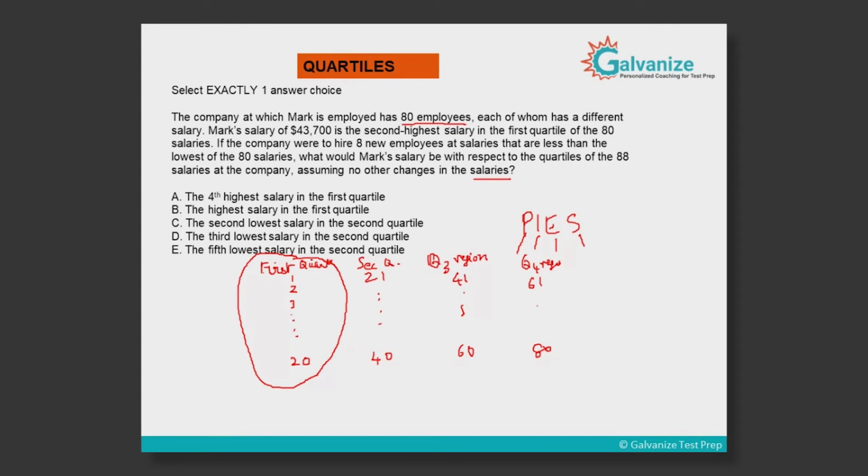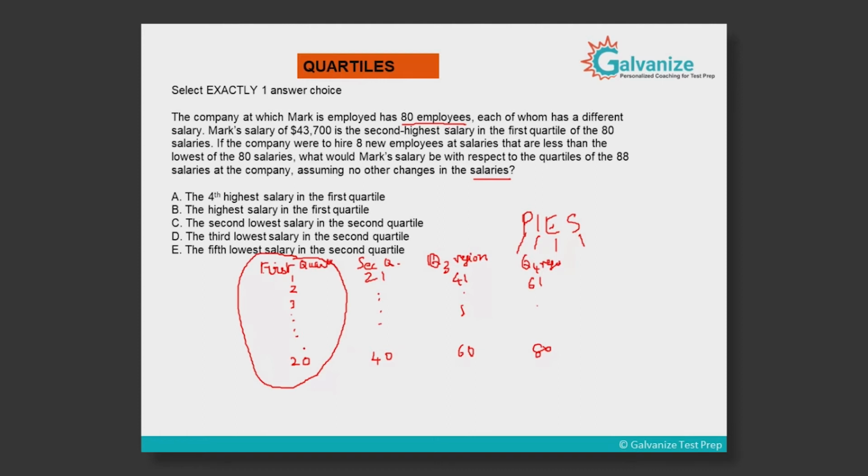Second highest. As you can see, the data is sorted. So we are going from the lowest to the highest salary. Which means in the first quartile, the 20th salary is the highest salary. Note that I am not looking at the salary here. I am just looking at the index here. Right. So the 20th salary is the highest salary.